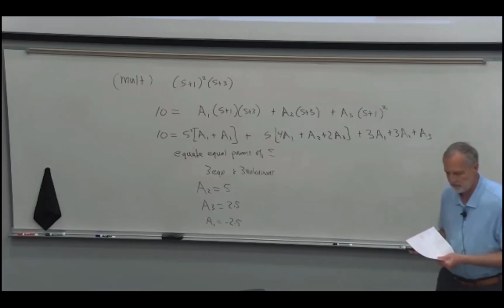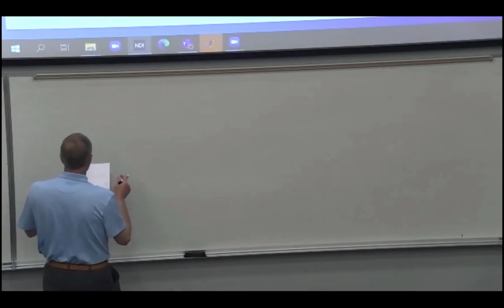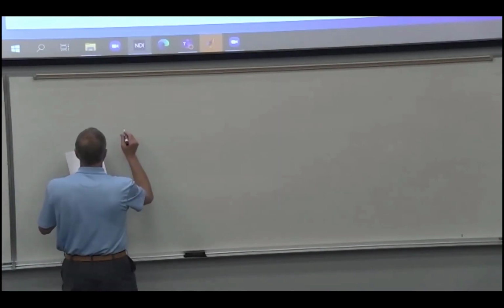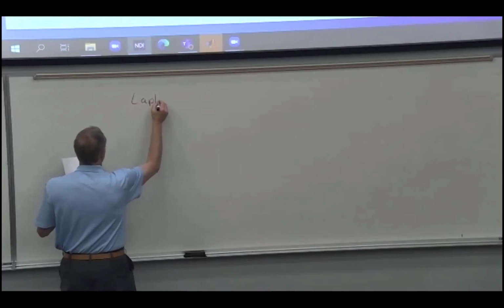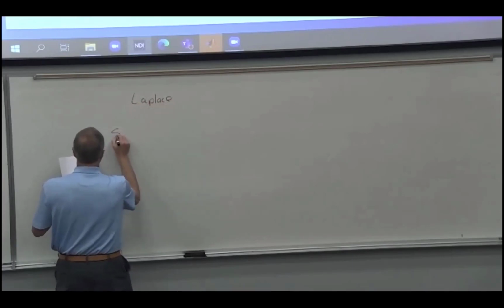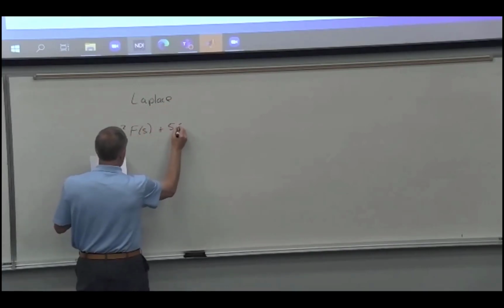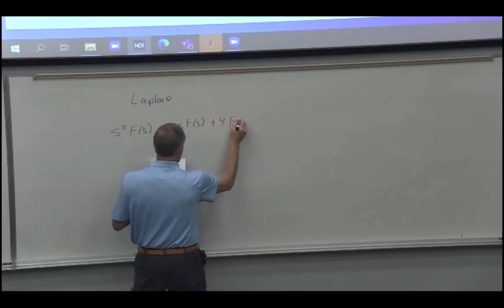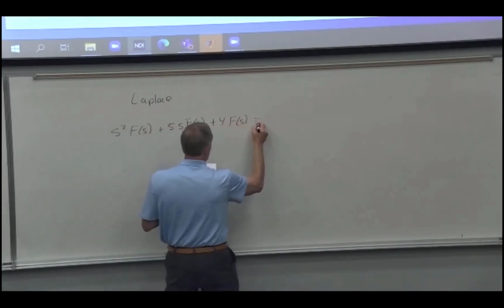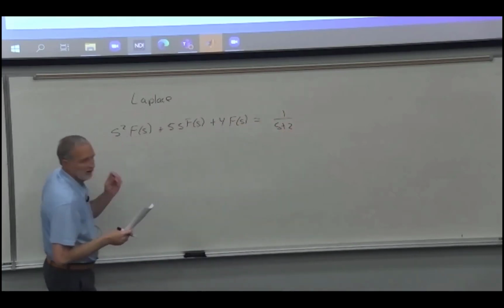Okay, so the last problem, let me switch. Over here, you've got the differential equation. Initial conditions are 0, so when you take the Laplace transform, you should get the right-hand side, which had e to the minus 2t.